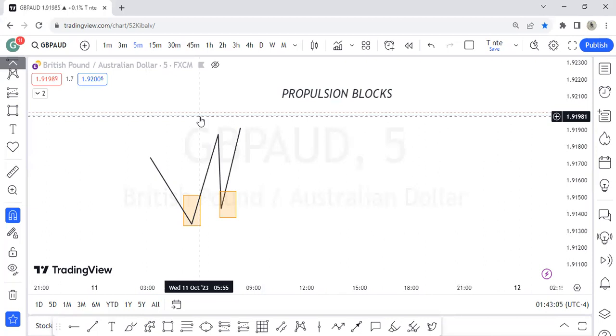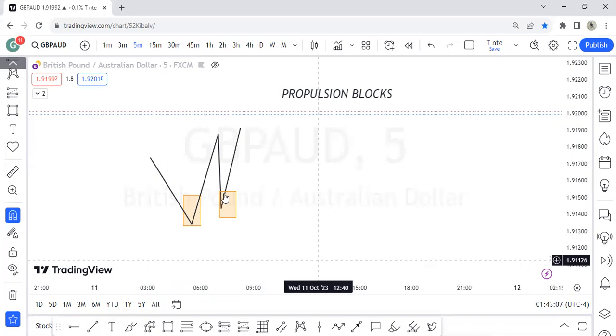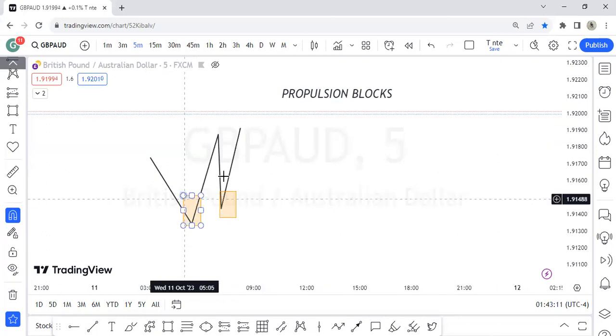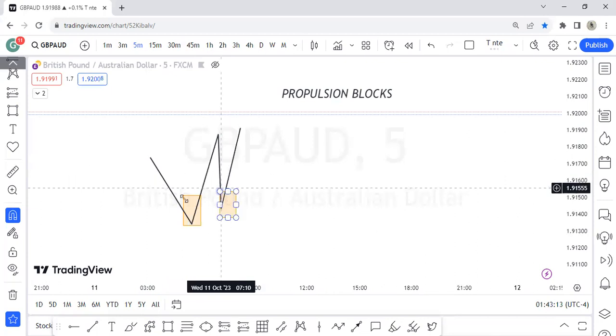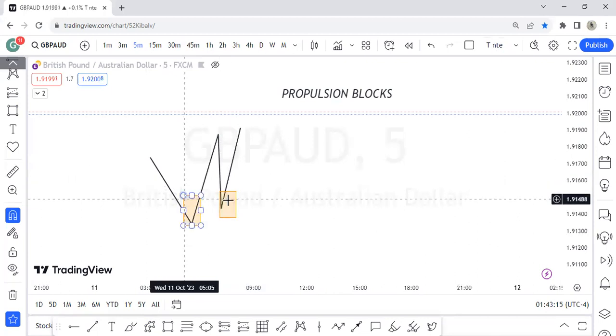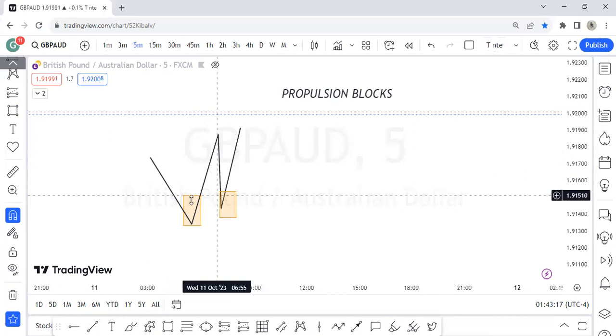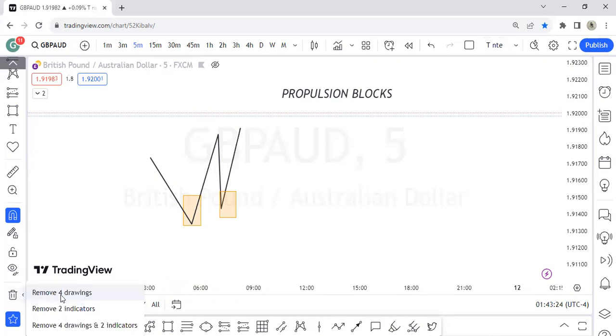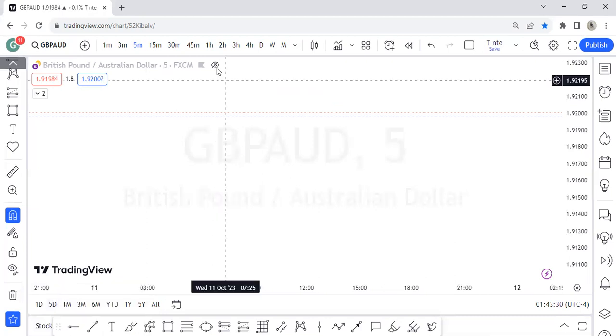It's an order block on a previous order block, or an order block inside a previous order block. So this line becomes your propulsion block. Let us quickly look at one example of propulsion blocks before we continue. So now let's look at this.